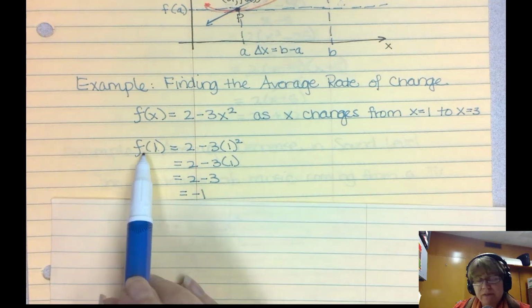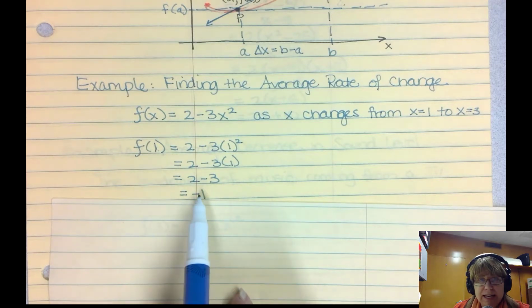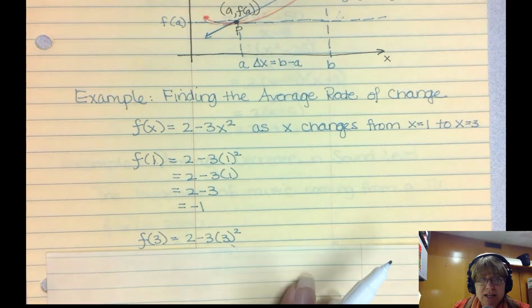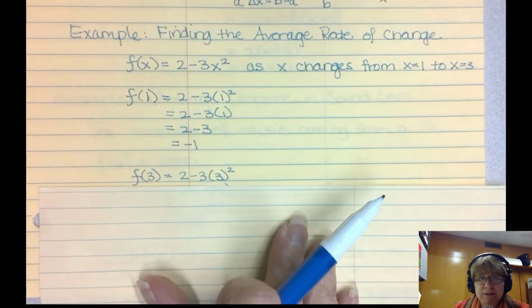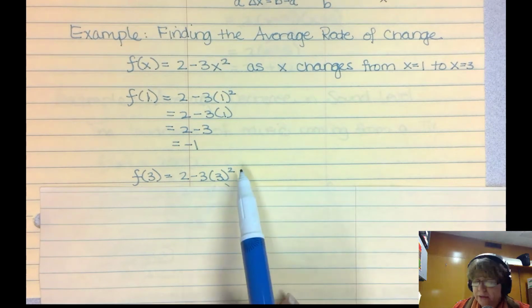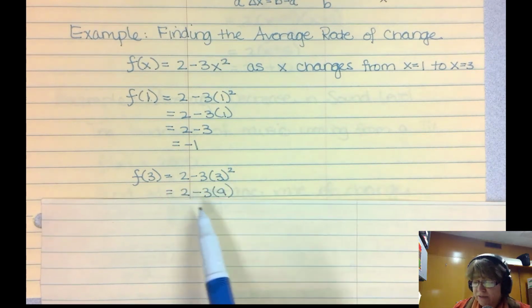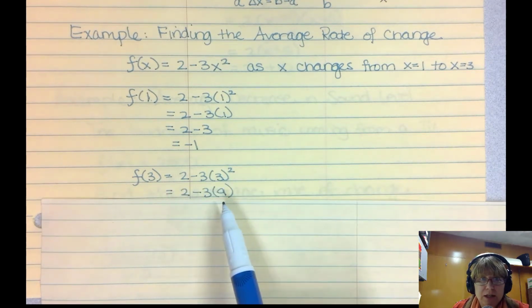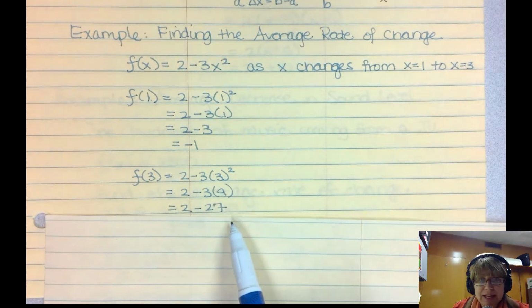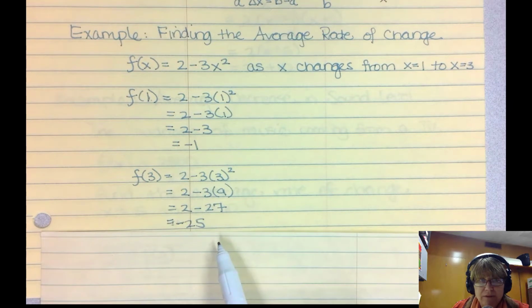So this f of 1 value is negative 1. Let's do the same idea, but this time our x value is 3. 2 minus 3 times 3 squared. 3 squared is 9, so we have 2 minus 3 times 9. 3 times 9 is 27, so 2 minus 27 is negative 25.